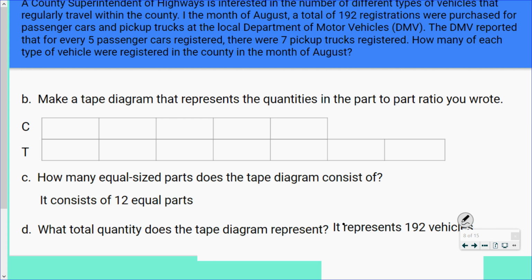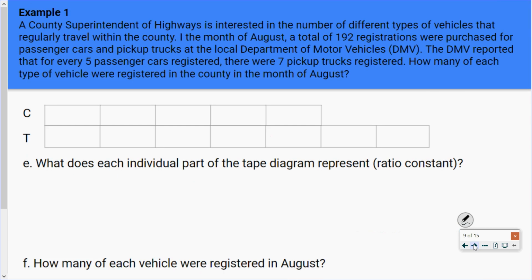Okay, move on to the next part. Okay, part E. What does each part of the tape diagram represent in the rate? Next page, guys. What does each individual part of the tape diagram represent? And here's the clue: what will go in there is a ratio constant. So what does each box represent?